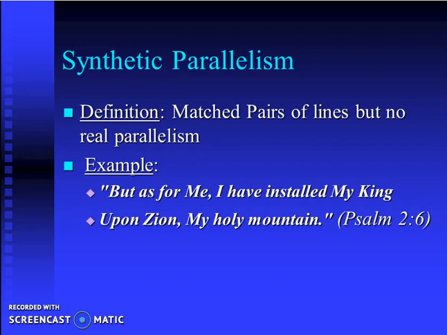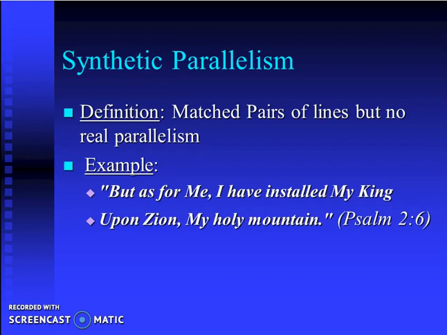Again, kings and rulers taking their stand, taking counsel against the Lord and against his anointed, God and his closely associated king. Let us burst their bonds apart and cast their cords from us. Again, synonymous parallelism. He who sits in the heavens laughs. The Lord holds them in derision. Again, parallelism.